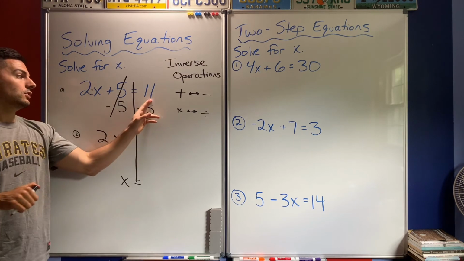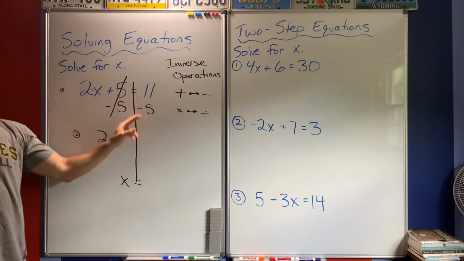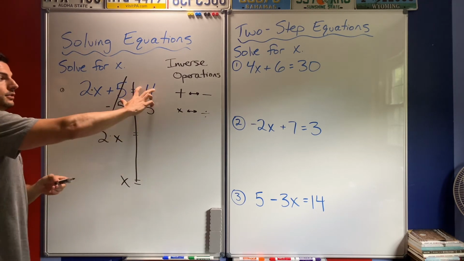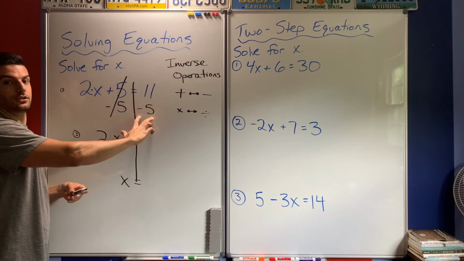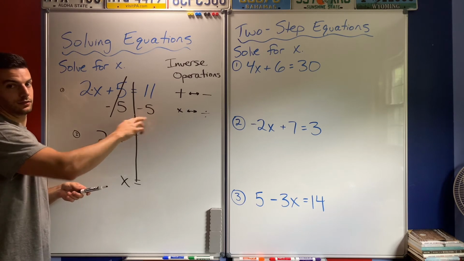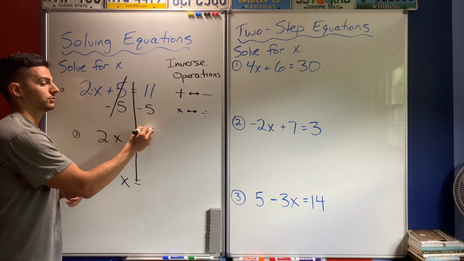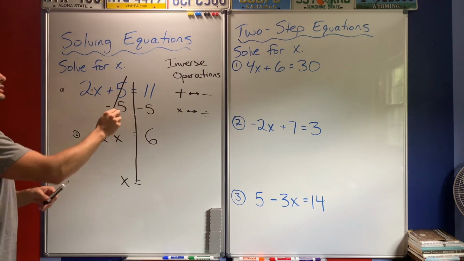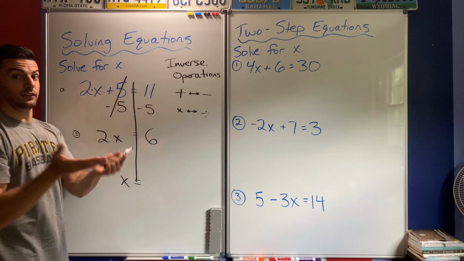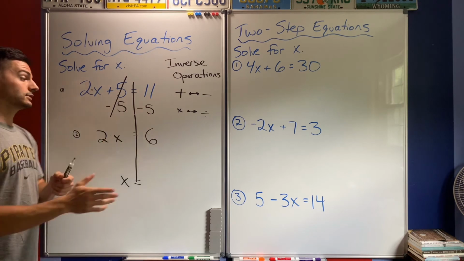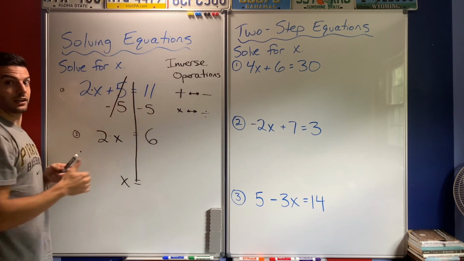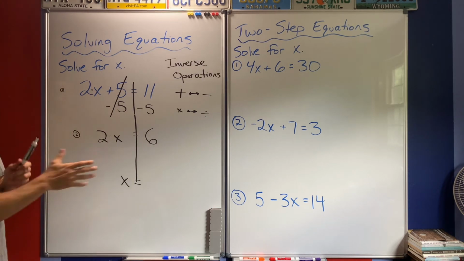And what's going to result? 11 minus 5, those don't cancel each other out, but that's an actual little math operation that I can do. 11 minus 5 is going to be 6. And because I did the same thing to both sides, this is still an equation. It's still in balance, but I have just a little bit less on either side. And so that's step 2.